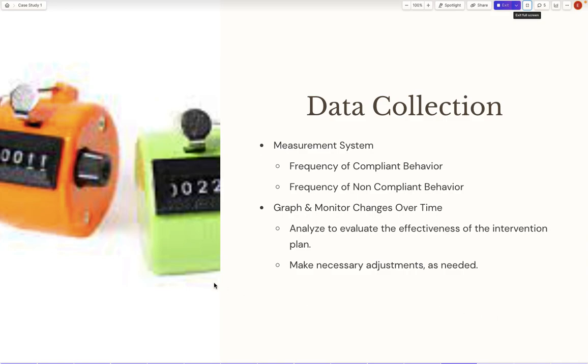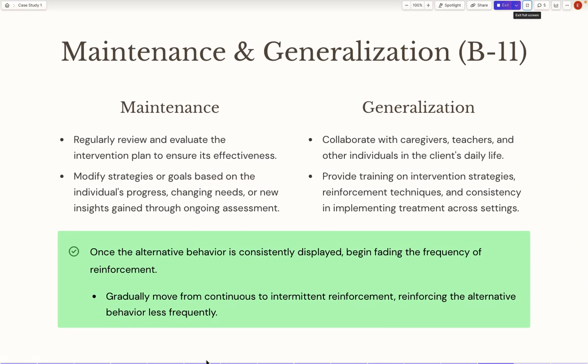On the left side, you can see there are these images of 2 clickers. So basically, every single time compliant behavior occurred or non-compliant behavior occurred, one was clicked, and then a percentage was calculated between the two in order to come up with that 80% necessary to earn the most preferred reinforcer at the end of the session.